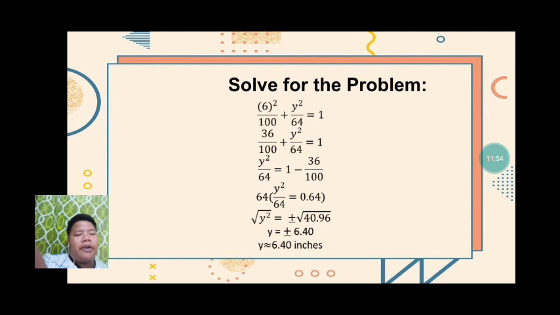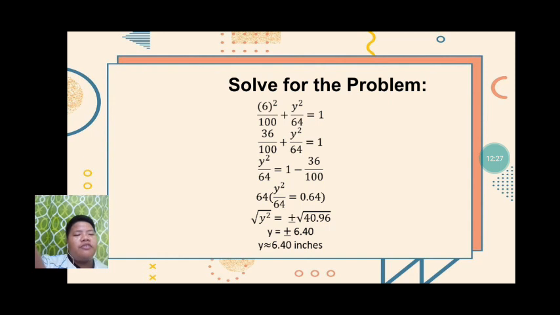In this part, we just simply remain the rational form that has a variable, and then what we will transpose is the non-variable rational form, and then after that we will just copy y squared over 64, and then y minus 36 over 100 is equal to 0.64.